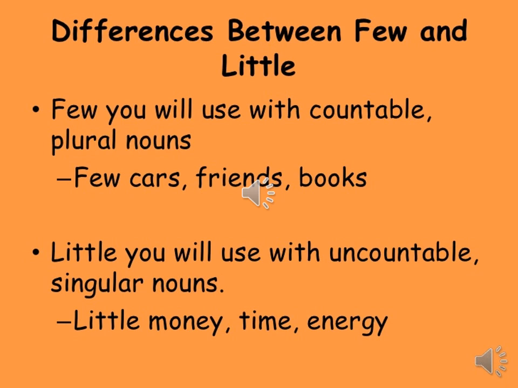Few cars. Friends. How many friends do you have? So we can count. And friends, plural. Many. What about books? How many books? So we can count books, the number of books. We use few.